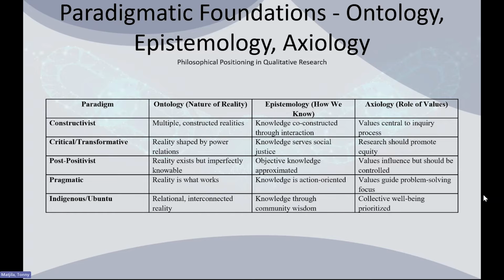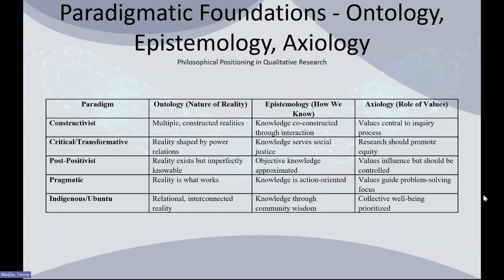Imagine if you are doing a study around issues of abortion. You need to keep your values in check, because you might be biased, and it might have ethical implications and somehow hurt your participants.